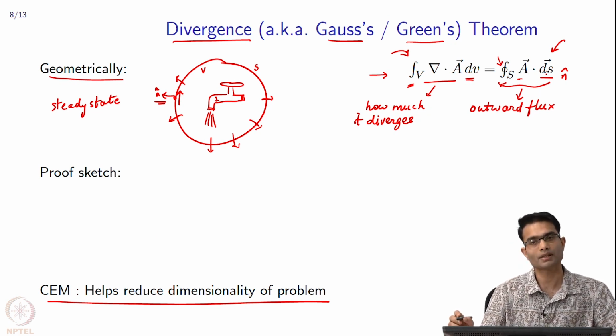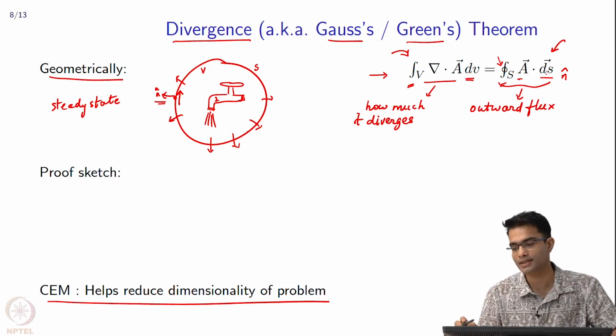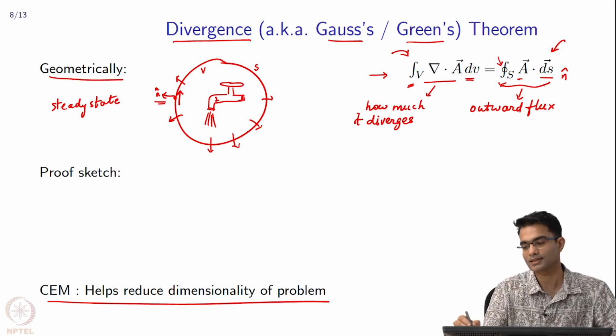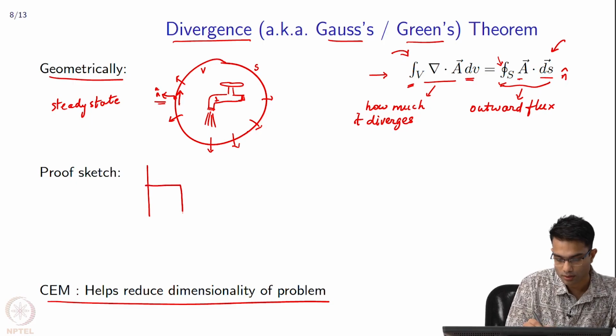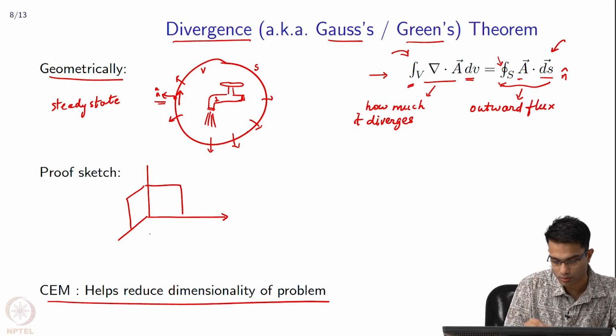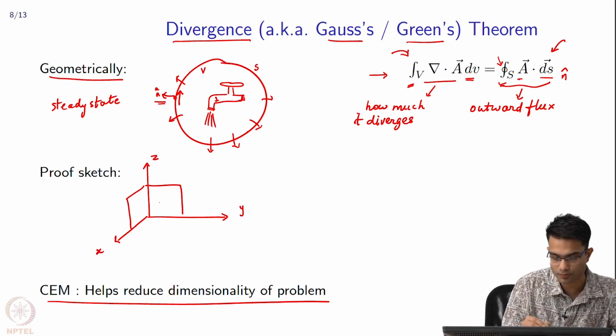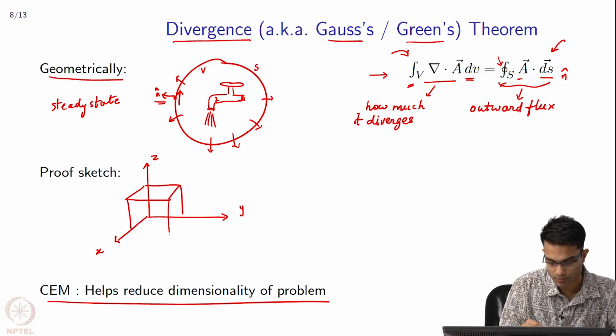Let us start with the right hand side. Okay. So, the right hand side is telling me it is the flux of A from some surface. So, let us take a small box. So, this is my x, y and z is pointing upwards over here. This is my small box. Okay.